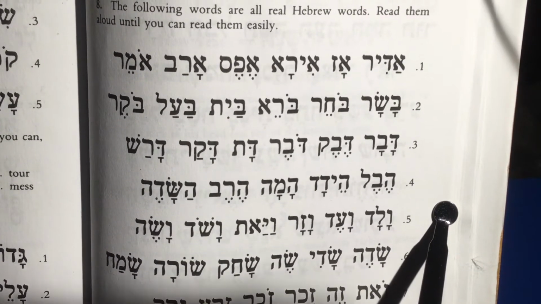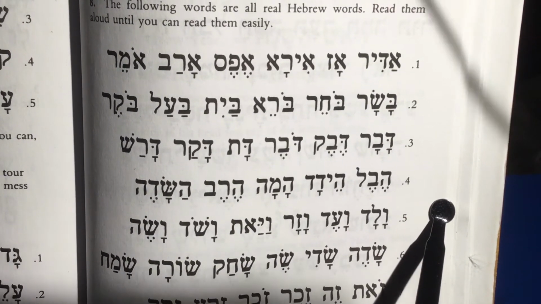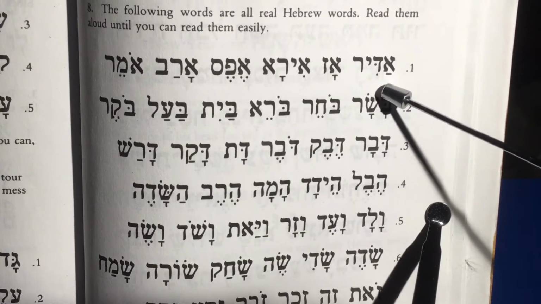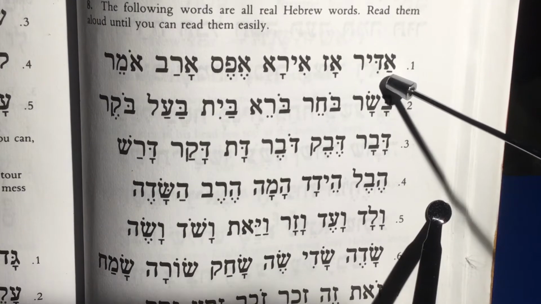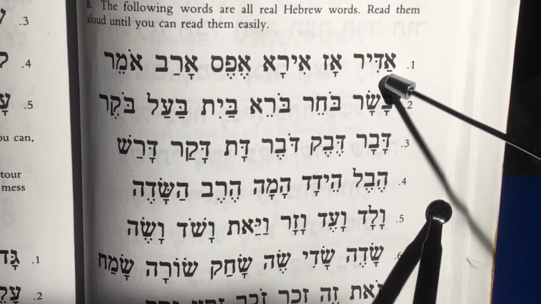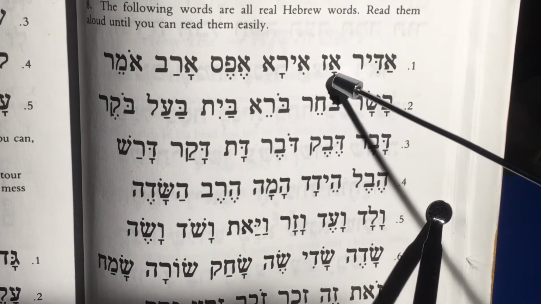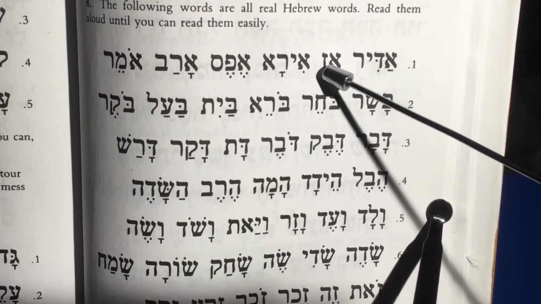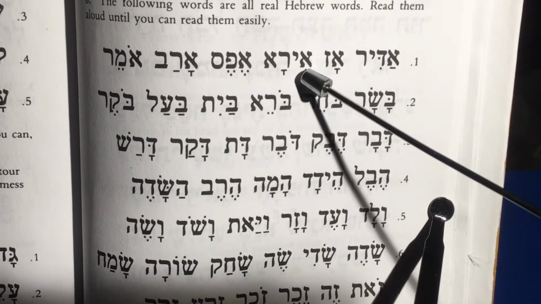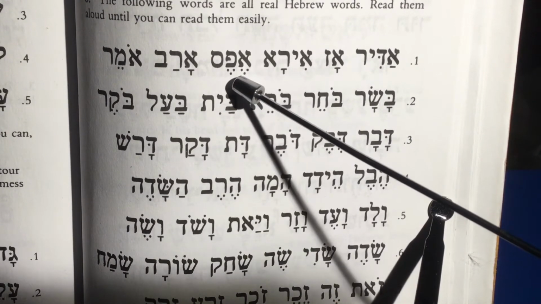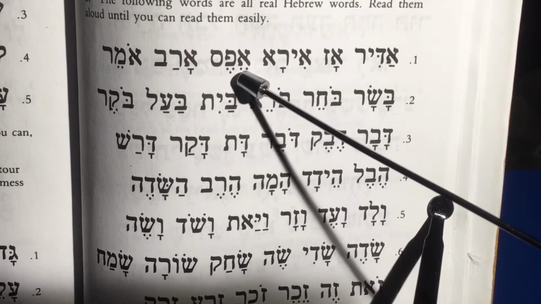Okay, so what I'm gonna do, I'm just going to read this. Hold on a second. I'm trying to get this pen lined up. Okay, and this word here is adir, and Oz. That's a Zayin. So Zayin represents Z. So Oz, Ra, Efes.